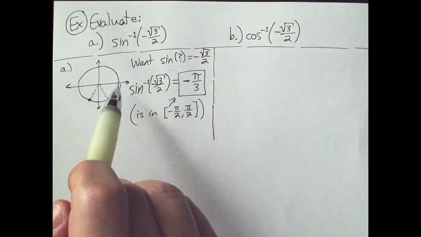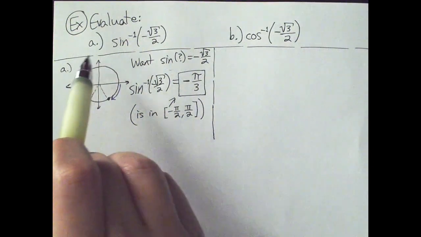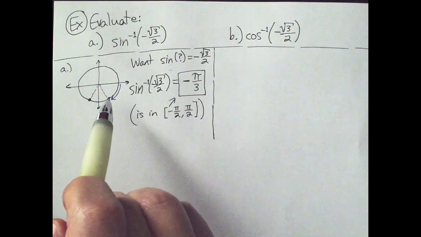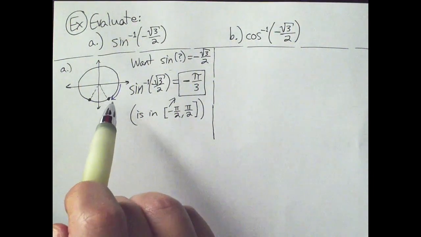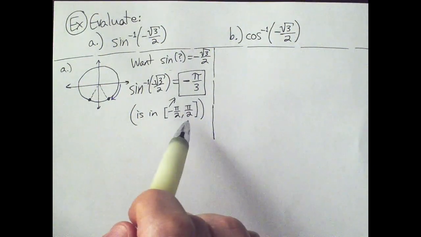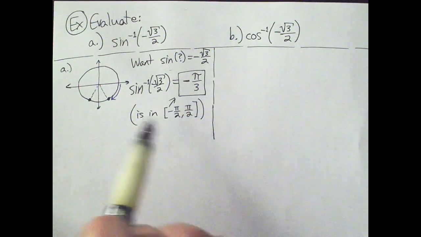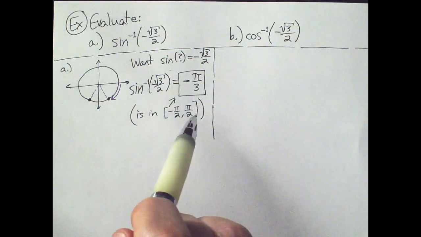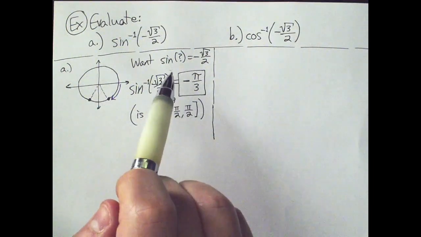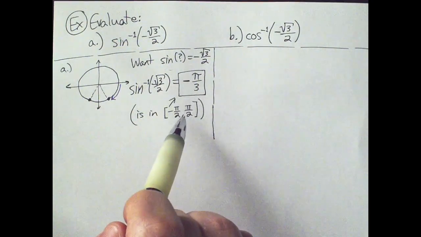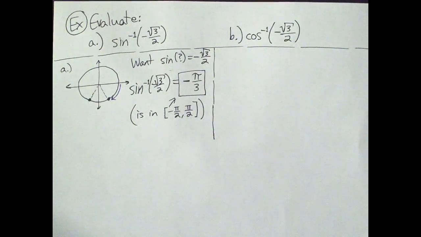And instead of going, what if we went the positive direction, looping around counterclockwise until we got to this same terminal point? The problem is we would get a large number that's technically not in this interval, and it would be wrong. It would be coterminal with this, but technically wrong. There's only one correct answer, and it's negative pi over 3 because that's in the correct interval.